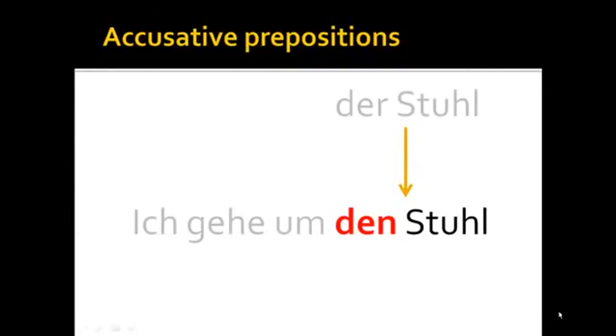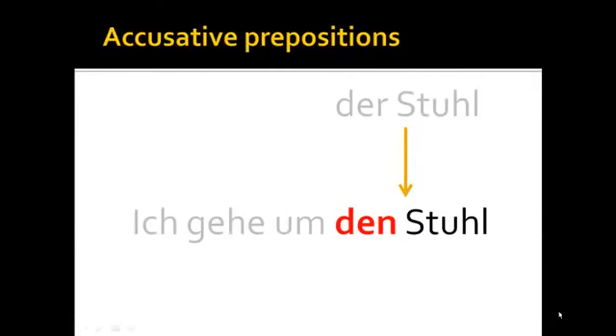And it'll force everything between the accusative preposition and the noun that follows it into an accusative prepositional phrase. And as you see on your screen, der Stuhl will have to become den Stuhl. Ich gehe den Stuhl. I am circumambulating the chair. I'm walking around the chair.